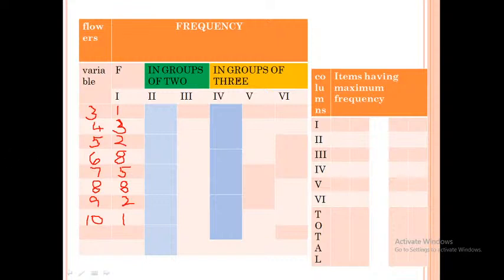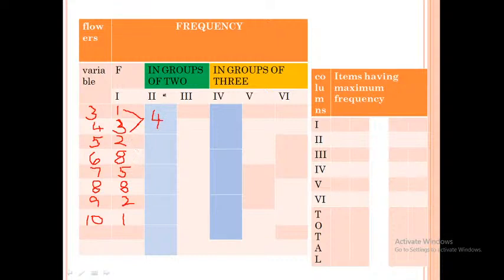For that, what we have to do is add in groups of 2. That is the first column, in groups of 2. You have to add the first two frequencies, and here it is 1 plus 3, which comes to 4.